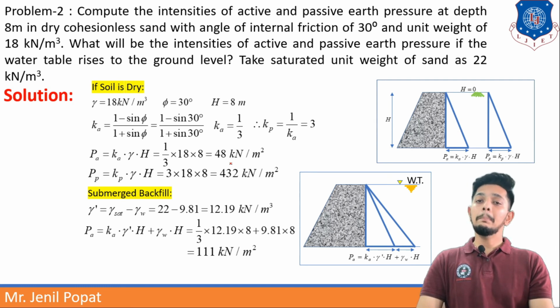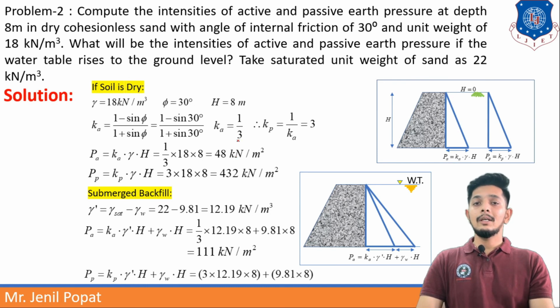And for Pp, passive earth pressure, I will take Kp as 3, Kp into gamma dash H plus gamma w into H, and the value comes out as 371 kilonewton per meter square.